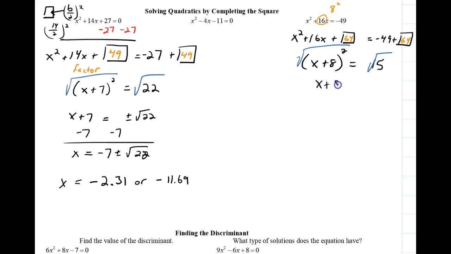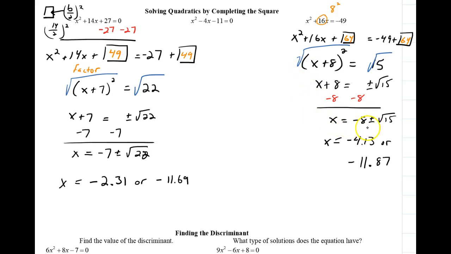Get x plus 8 equals plus or minus the square root of 15. Now minus 8 from both sides. And so we get x equals negative 8 plus or minus the square root of 15. And you're going to plug that into your calculator. All right, and so we get negative 4.13 or negative 11.87.